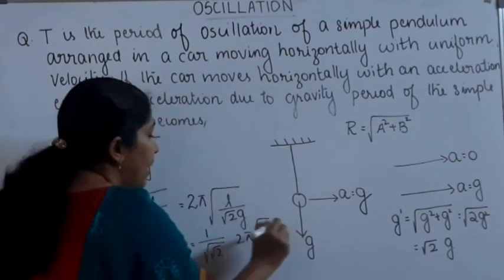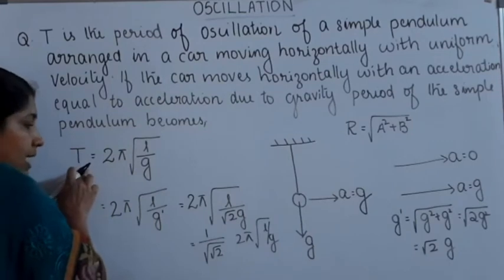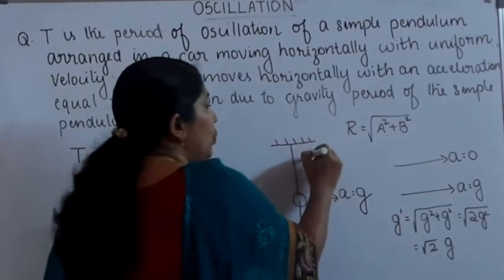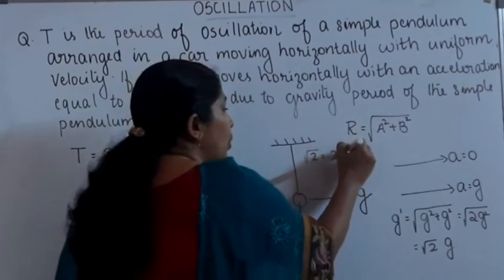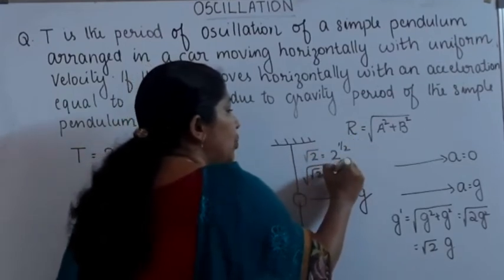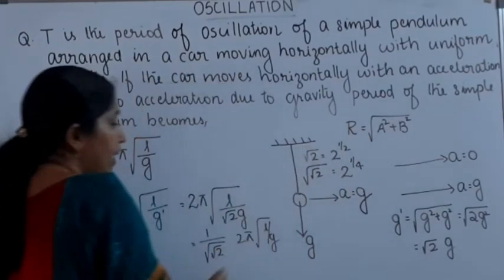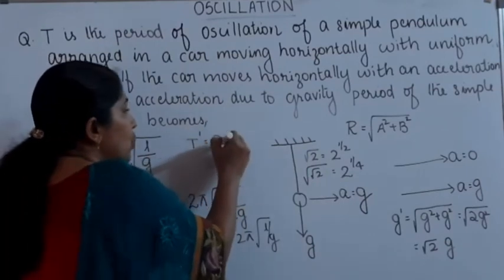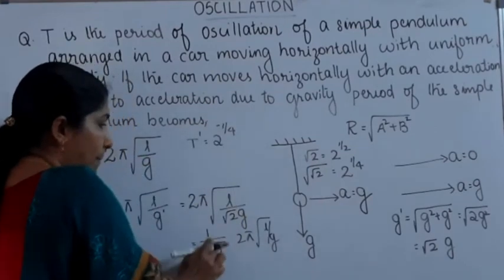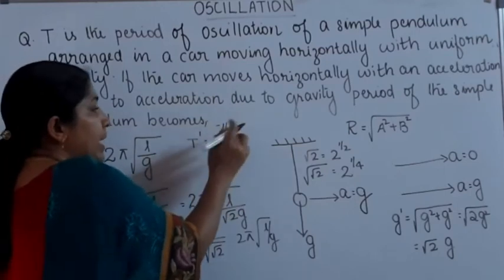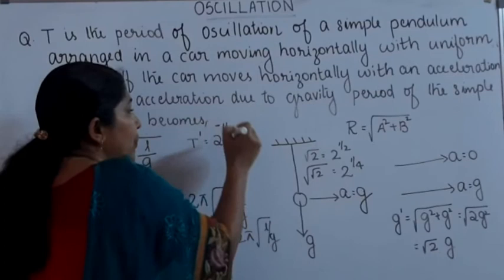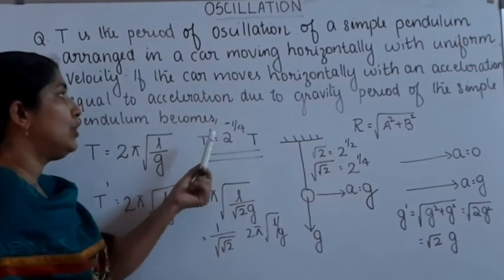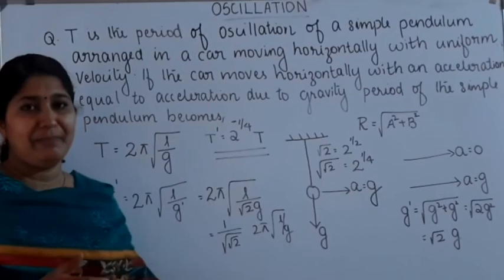Instead of 2π√(L/g), we can write the initial time period T, then 1/√(√2). The root of root 2: √2 is 2 raised to 1/2, so the root of root 2 is 2 raised to 1/4. Then the new time period T' is equal to 1/(2 raised to 1/4) times T, that is 2 raised to minus 1/4 into T. This is the new time period of the pendulum.